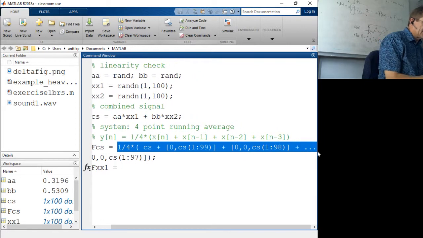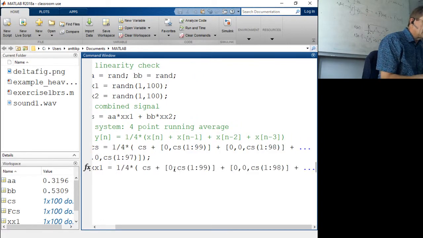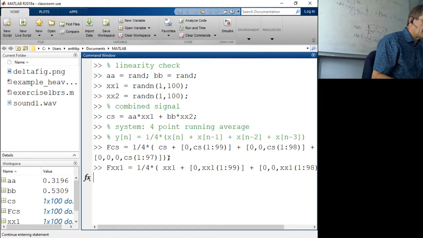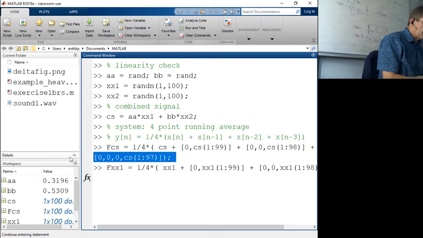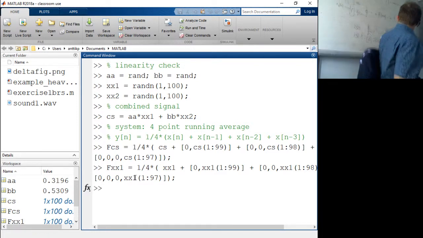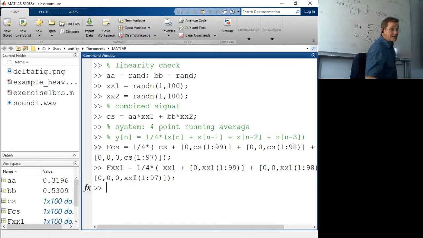Basically the same thing, but instead of CS, I have XX1. Now I have calculated this part.